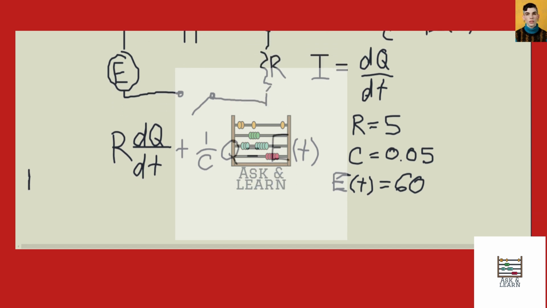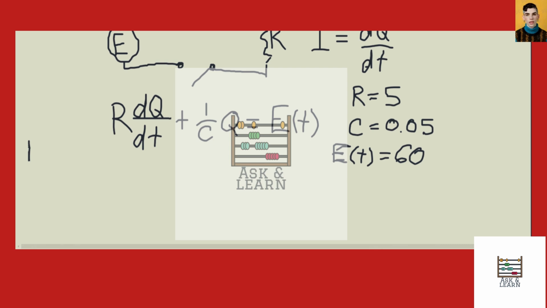And we can simplify this even further by plugging in our values for R, C, and E of t to get 5 dq dt plus 1 over C, 1 over 0.05, which is 20, times Q is equal to 60.